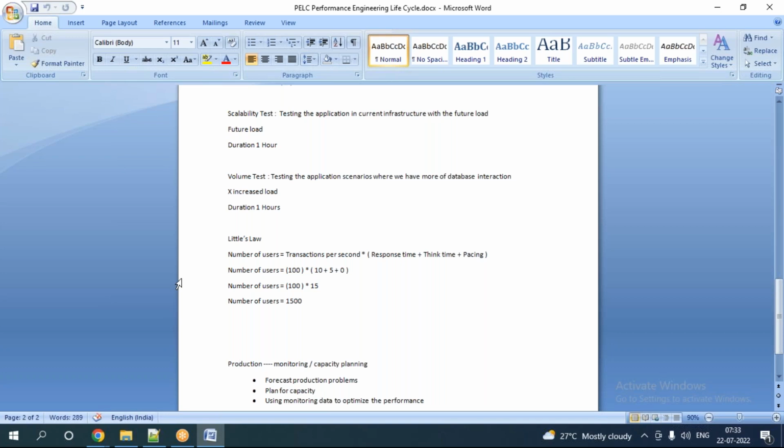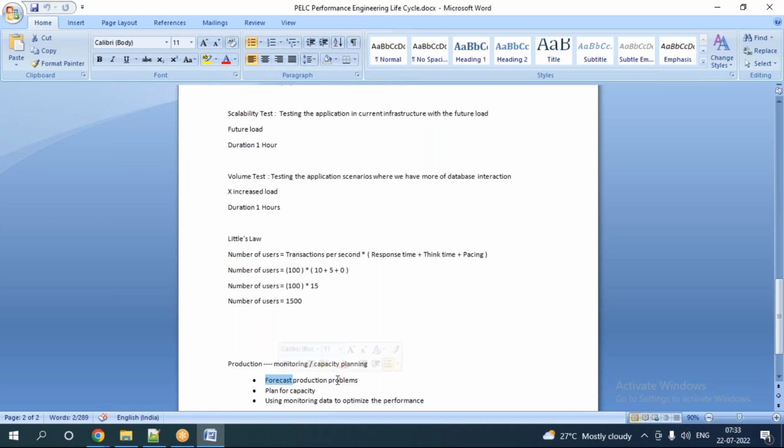Monitoring, why are they doing it? They want to understand, after deploying our application, how the resource utilization is actually happening. Okay, after running your application, CPU how much, memory how much, if you want to analyze all those things, monitoring is important. So what are all the things they are doing?